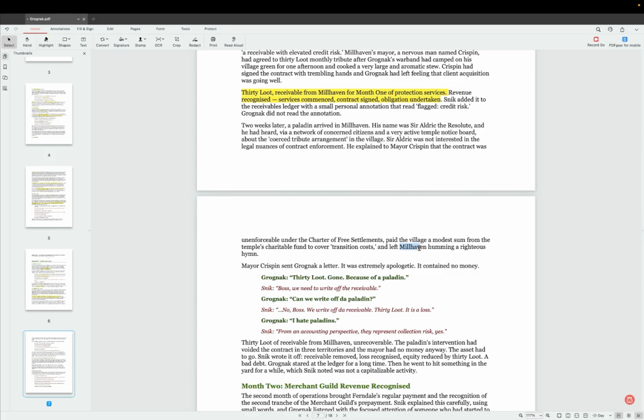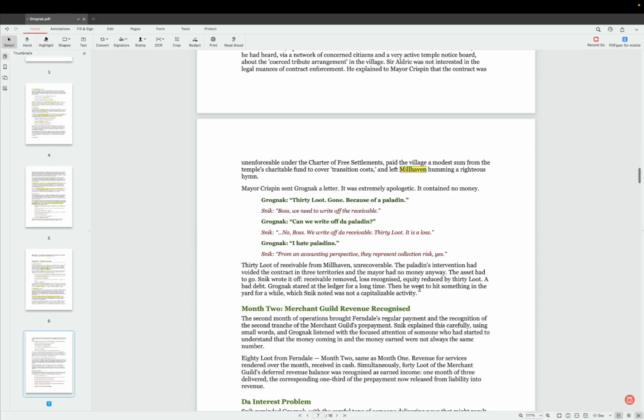Millhaven suggested his protection services for a certain amount, to be precise, for 30 loot. However, the situation changes when a paladin intervenes. The paladin intervention had voided the contract in 3 territories, and the mayor had no money anyway.